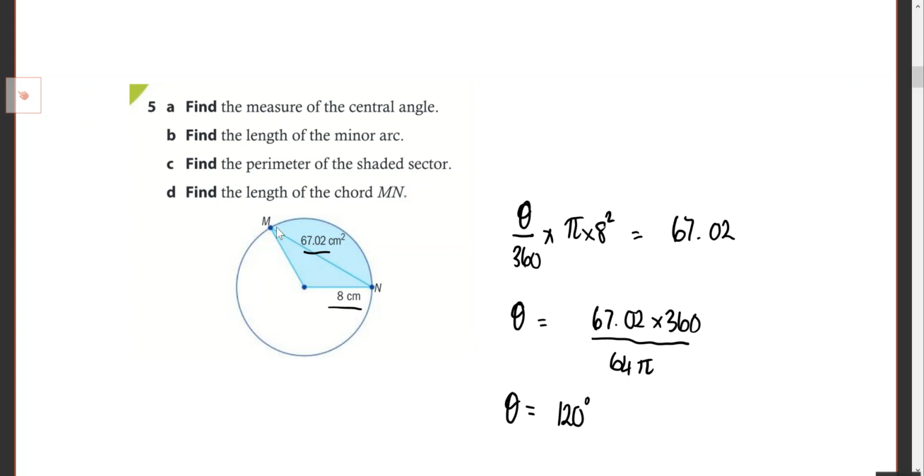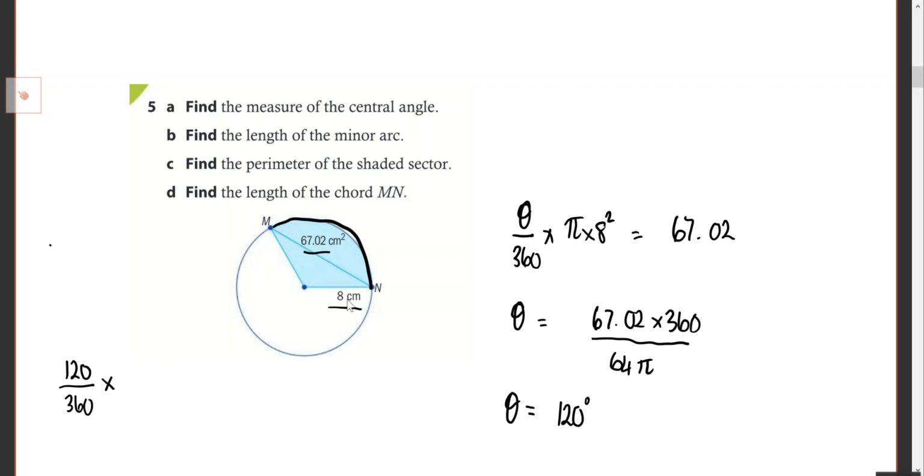Okay. Find the length of the minor arc. Well, the minor arc is just this arc. So again, it's just this section, but this time it's the fraction we now know is 120 out of 360 degrees of the whole circumference, and the whole circumference is either 2 pi r or pi d.